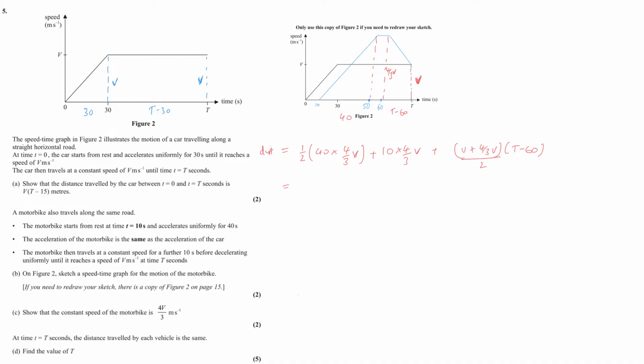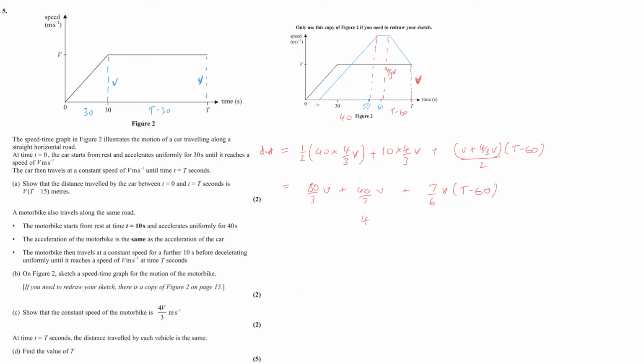So 20 times 4/3, 80 over 3 v, plus 40 over 3 v, plus, so 4/3 plus 1 divided by 2 is 7/6 v t minus 60.